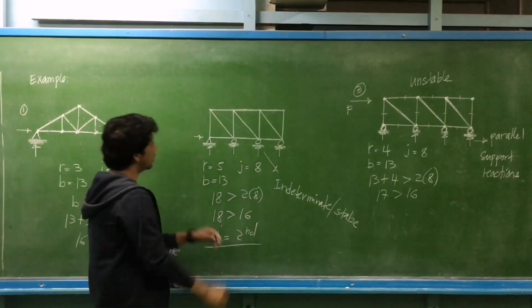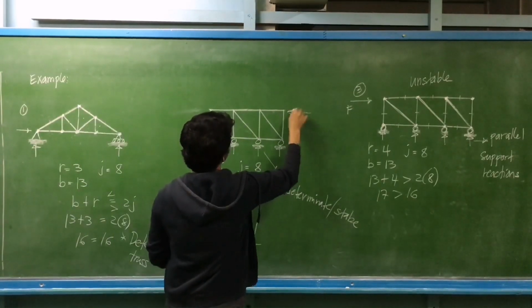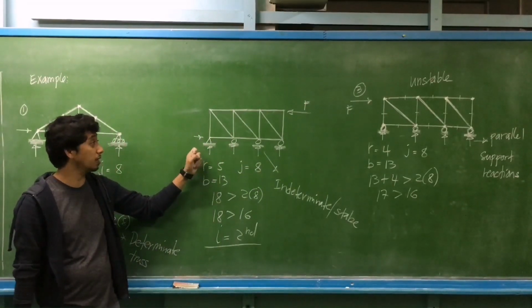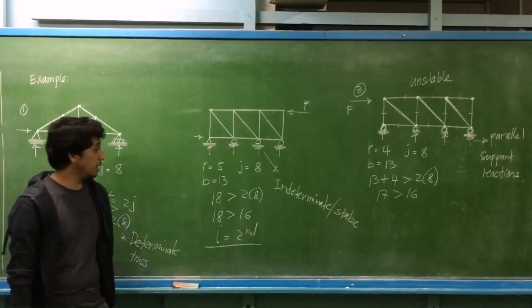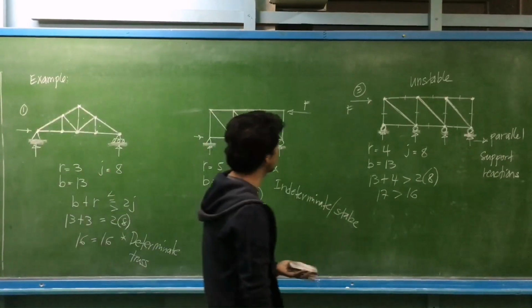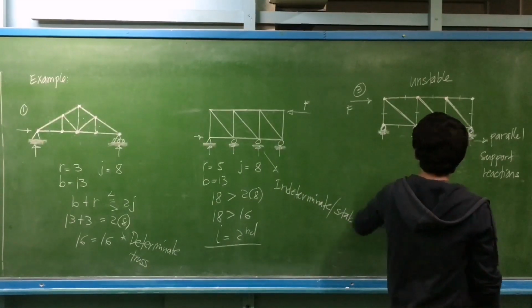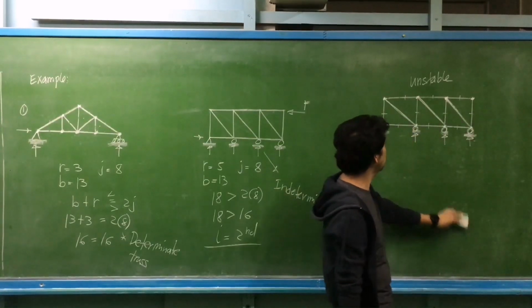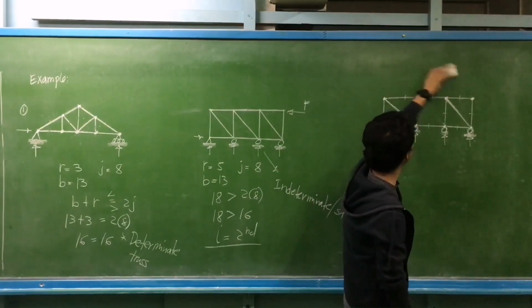Okay, it is now stable since if you are to apply, for example, a horizontal force, we have a horizontal reaction that will resist that horizontal force. And then, one thing more, if you are to deal with this type of trusses, take note that to make a truss stable, the basic shape of truss is triangle.